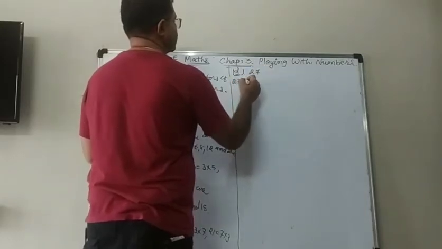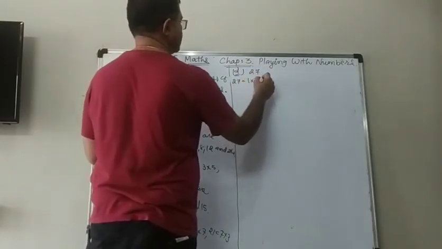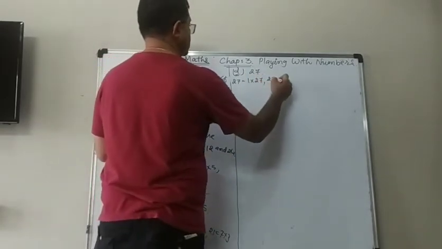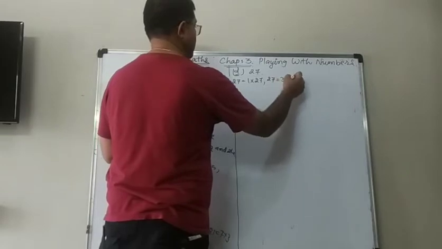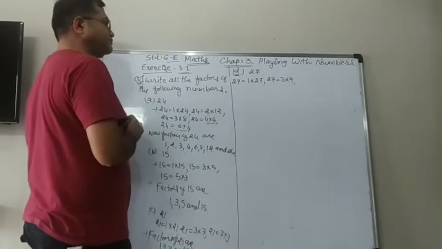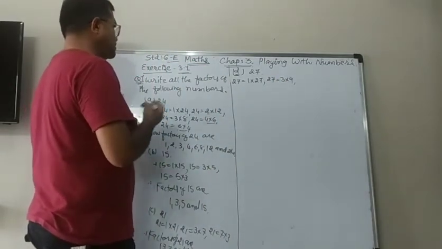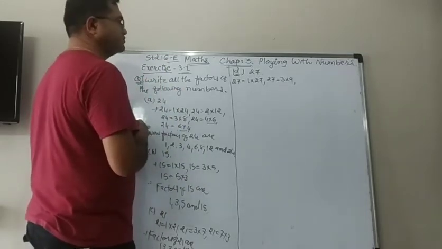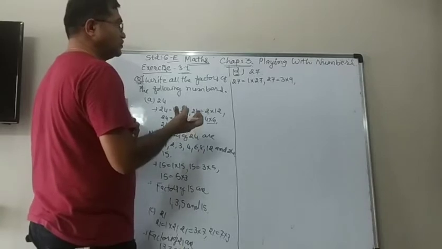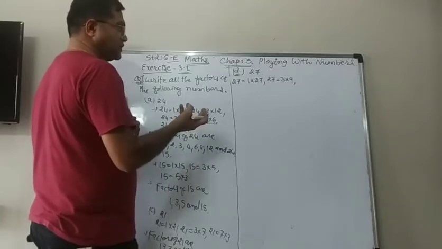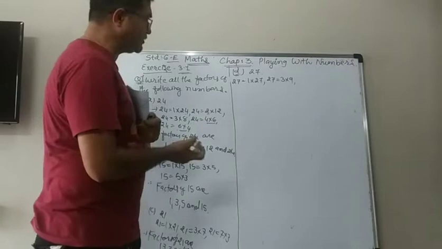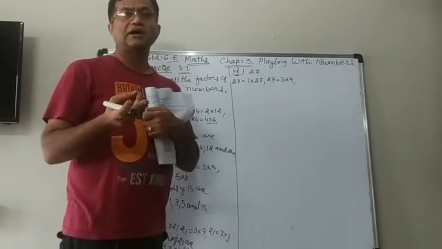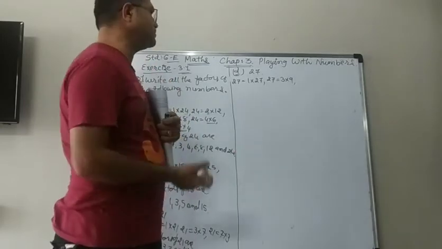So 27 can be written as 1 into 27. 3 9s are also 27. Then it is not divisible by 4, not by 5, 6 also not. 7 3s are 21, 7 4s are 28, so not divisible by 7 also. 8 3s are 24, 8 4s are 32, so it is not divisible by 8 also.